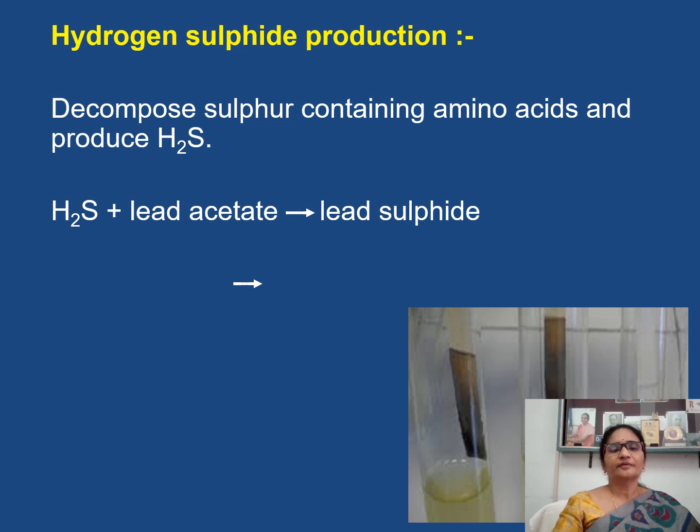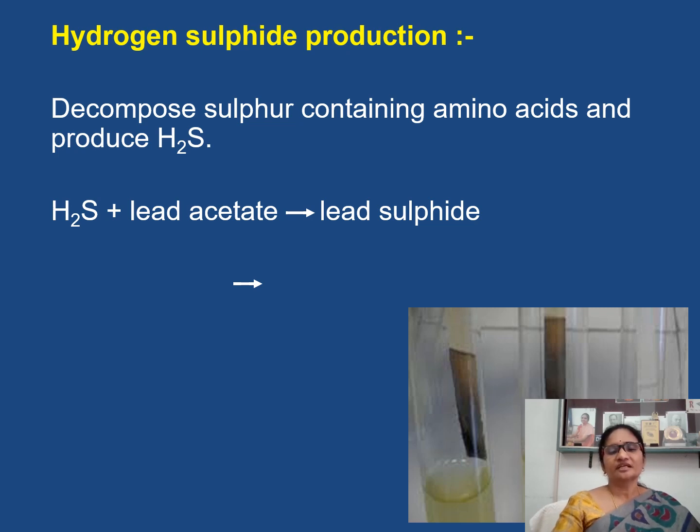That filter paper we take and dip in lead acetate solution. Lead acetate strip it is. See here peptone water is taken, bacteria will be inoculated in peptone water, and then the lead acetate strip will be kept in the test tube and it is closed with the cotton plug.